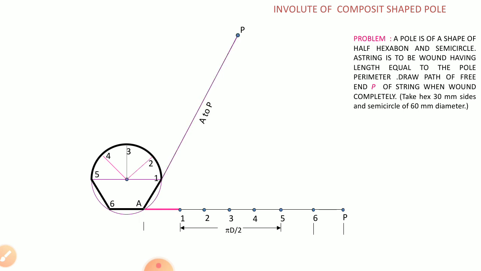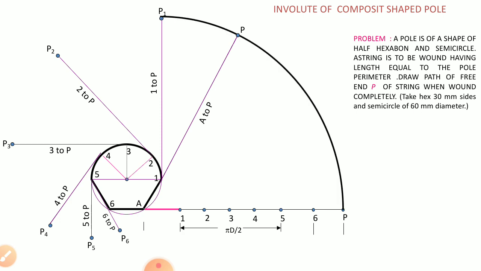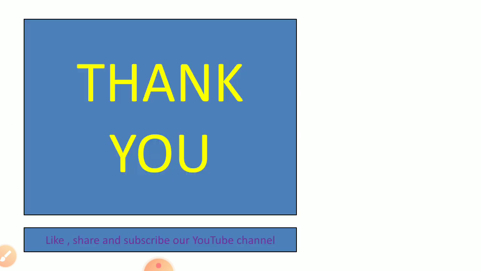We start with A to P, that is the total length. Likewise we draw perpendiculars from the center to 1, that is 1 to P, likewise 2 to P, 3 to P, 4 to P, 5 to P, 6 to P, and the last is point A. By joining the points P, P1, P2, P3, P4, P5, P6, we have the entire curve.